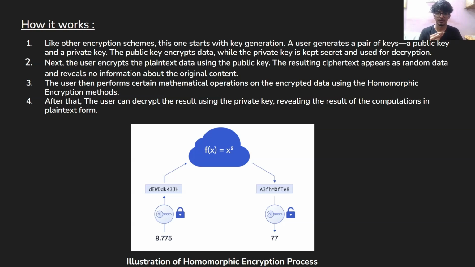After performing the mathematical operation, it gives an output which is also an encrypted text. This encrypted text needs to be decrypted using the private or the public key, according to the key that you have used to encrypt the message, which will give the final output.